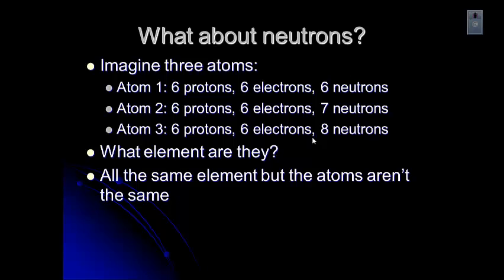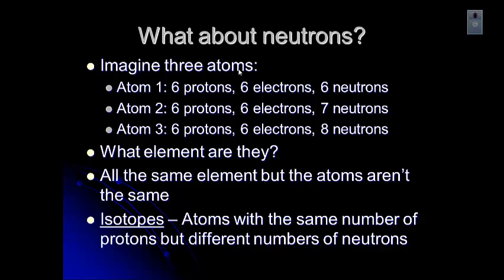When that happens, we call the different atoms isotopes. Those are atoms that have the same number of protons, but different numbers of neutrons. You may recognize that iso prefix from biology. Remember isotonic, hypertonic, hypotonic. Isotonic means that the concentrations are the same on both sides of the cell wall.